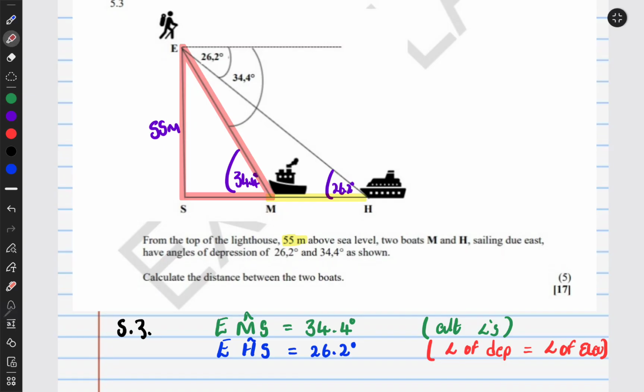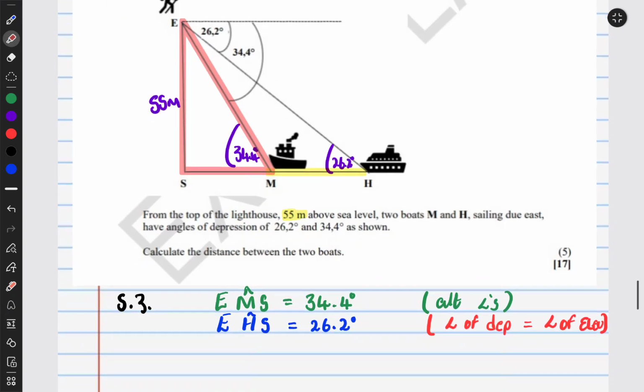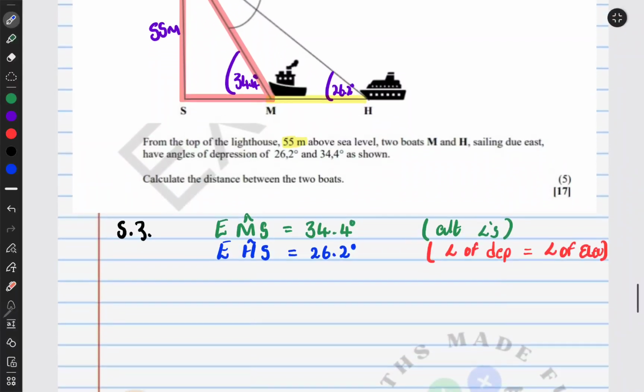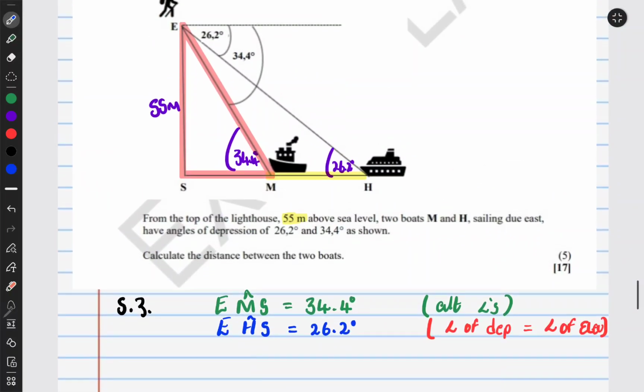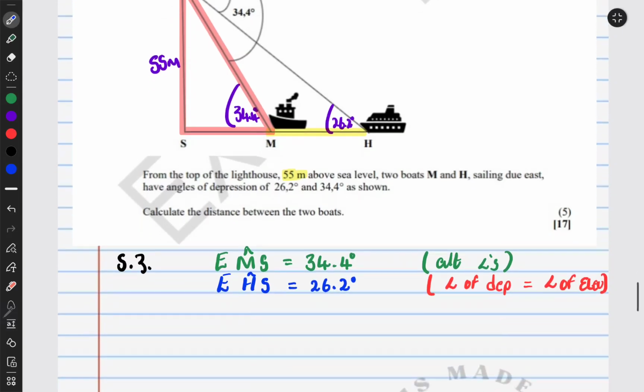So we can calculate side SM, which is adjacent to the angle of 34.4. So we have the adjacent and the opposite side. Which trigonometric ratio are we going to use? It is the tan ratio.